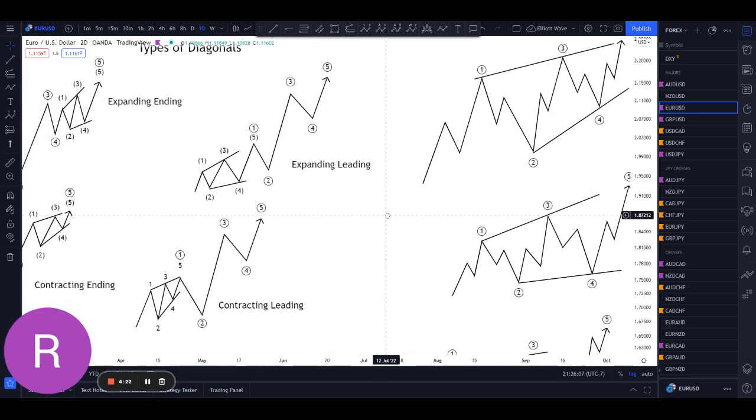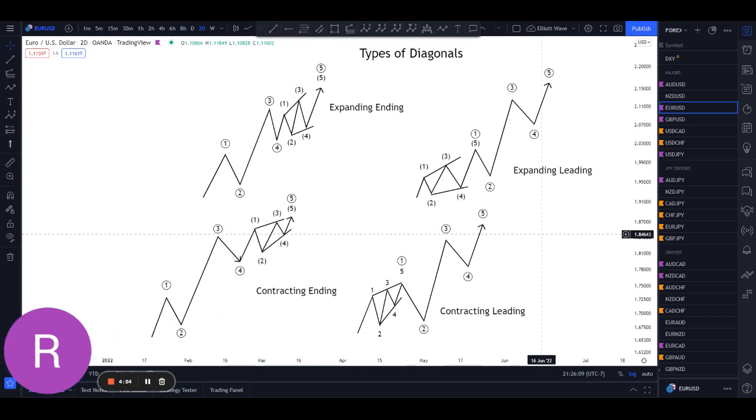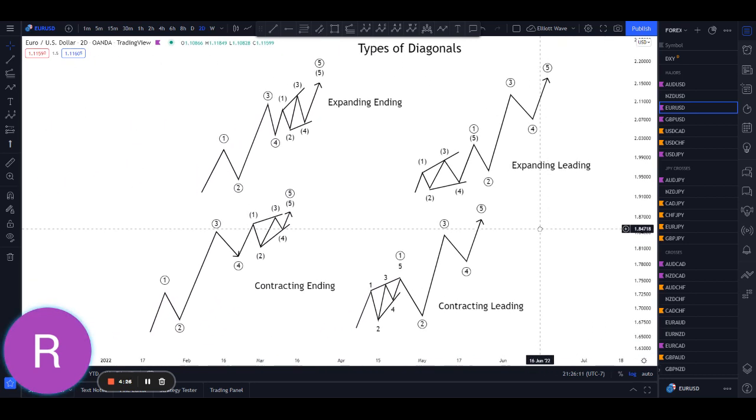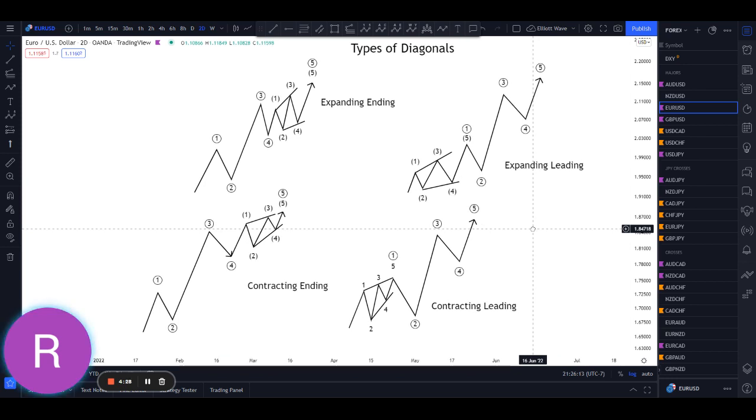So now let's discuss the two different classifications of diagonals, the leading and the ending. Diagonals are categorized as either leading or ending, depending on whether they form at the start or end of a wave sequence. And as mentioned before, diagonals can only be found in certain positions of the larger term wave count.